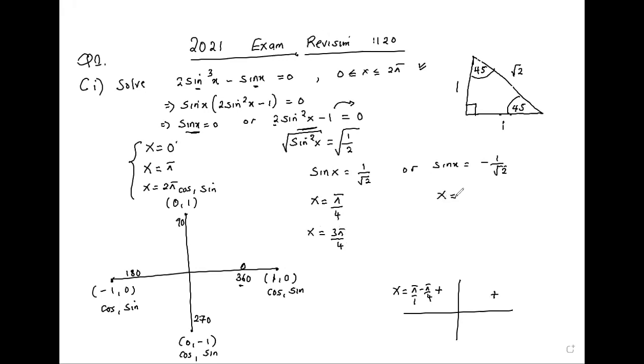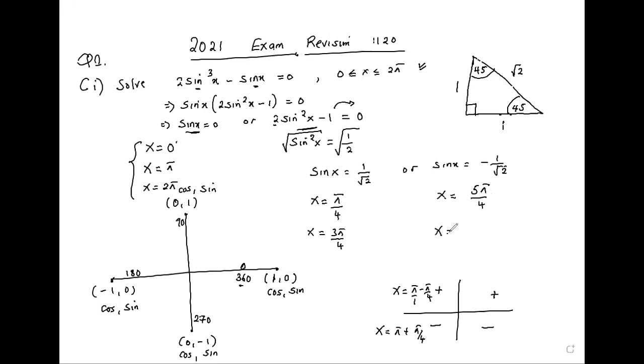Then we got the other one. Where is sine negative? Sine is negative in the third and fourth quadrants. In the third quadrant, how do you find the angle that is related to 45? So here you say x is pi plus pi over 4. Here you add. So you get 5 pi over 4.